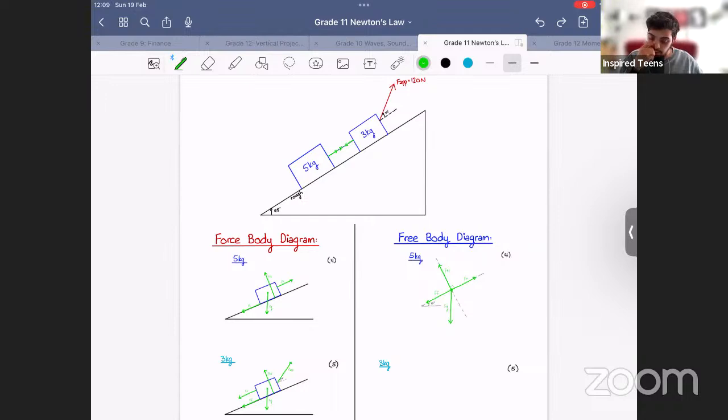I want the 5 forces in a free body diagram of the 3 kg object. Done. Okay, a few seconds more.